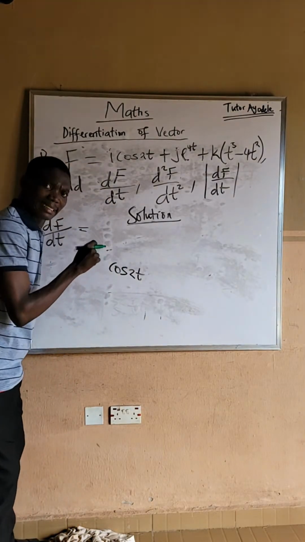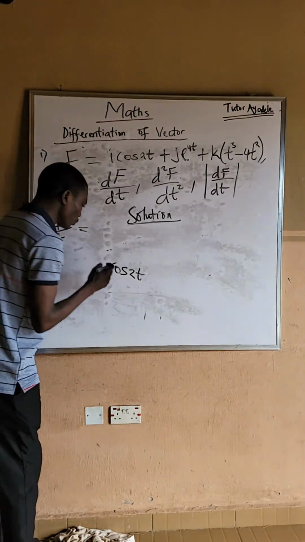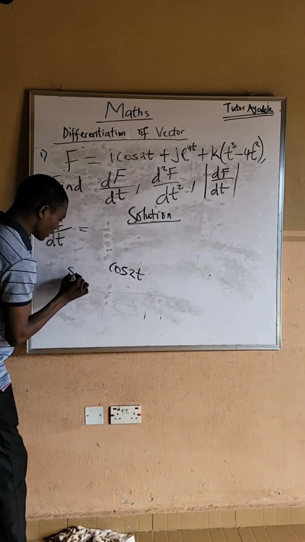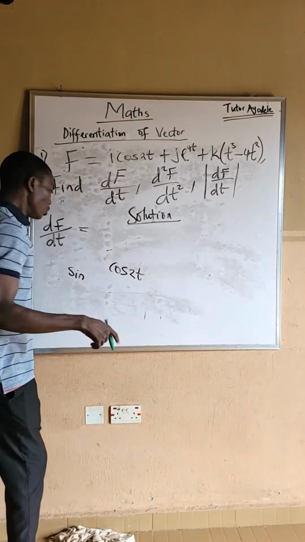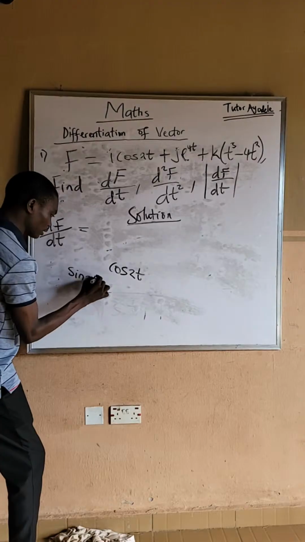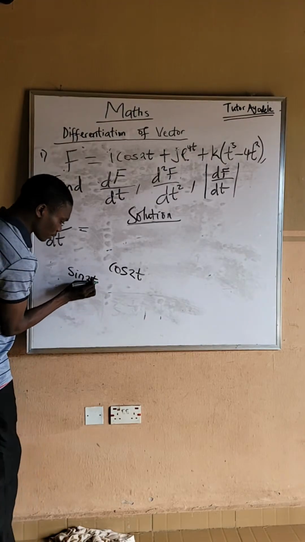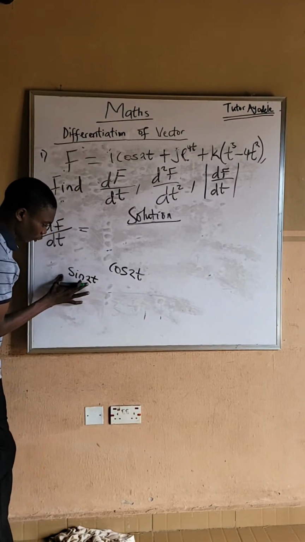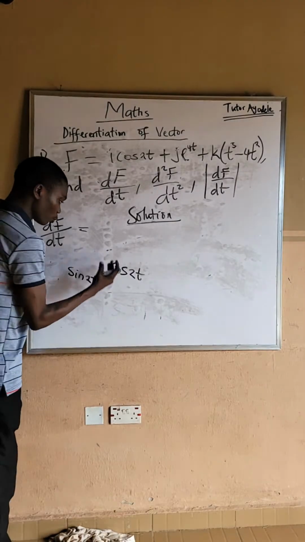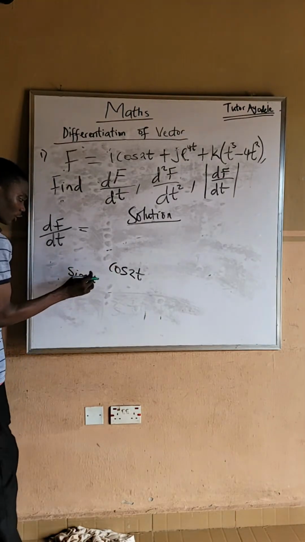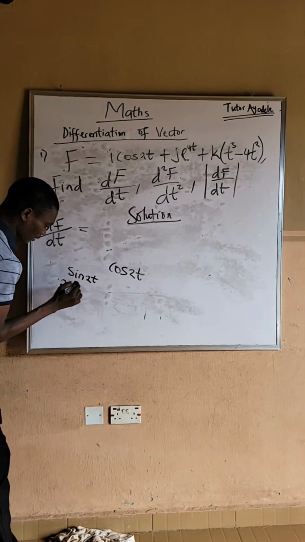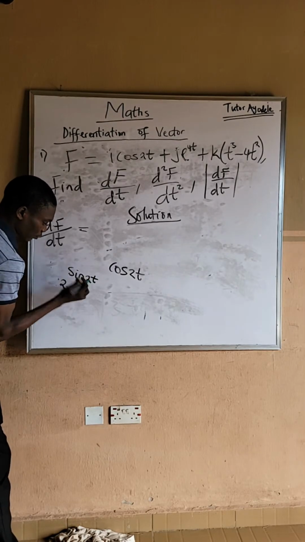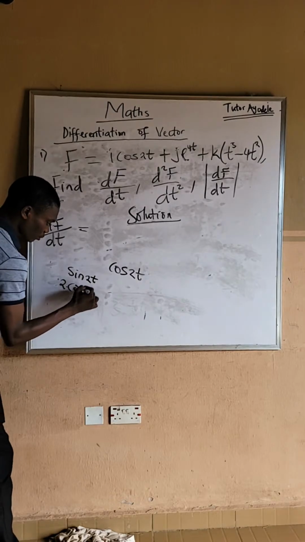Remember that in differentiation, whenever you differentiate sine, it will give you cos. So whenever you differentiate sine 2t, just use the 2 to multiply it and copy the same thing. So this will automatically change to cos 2t.